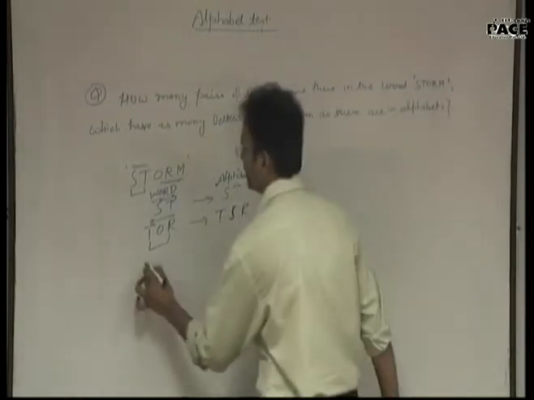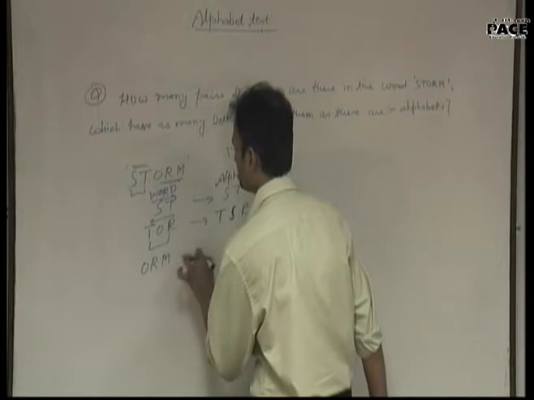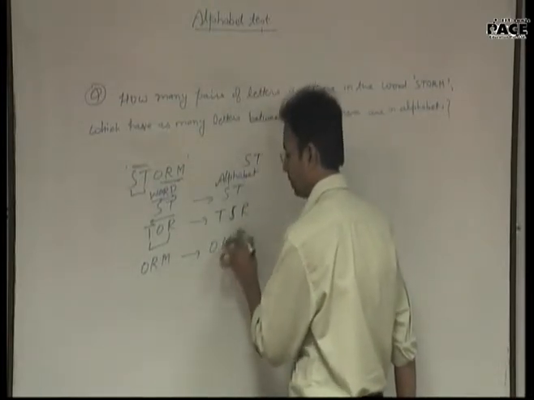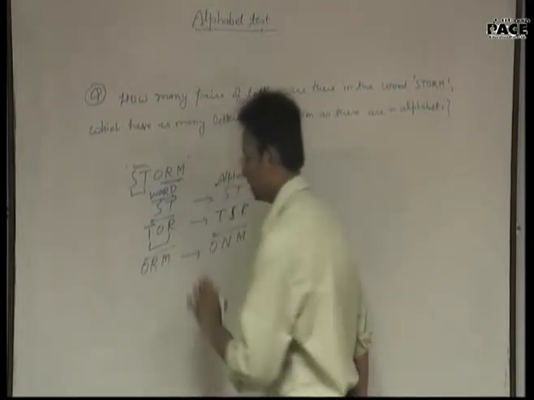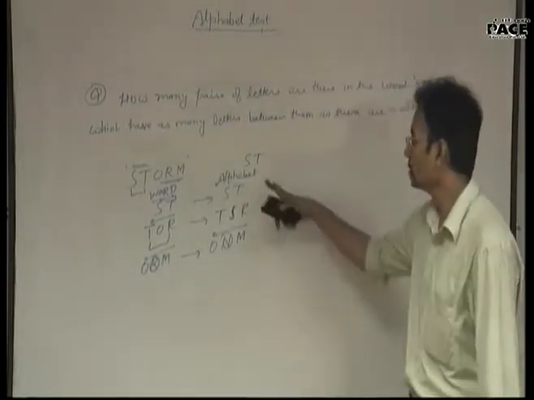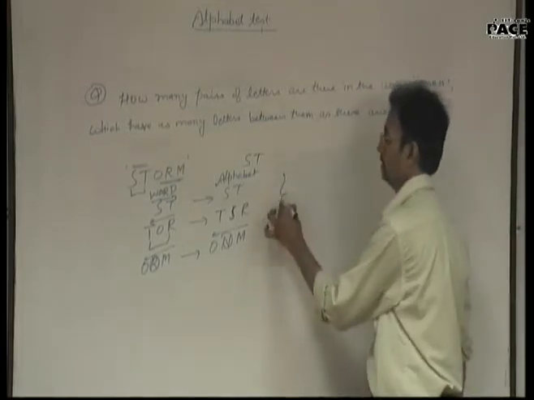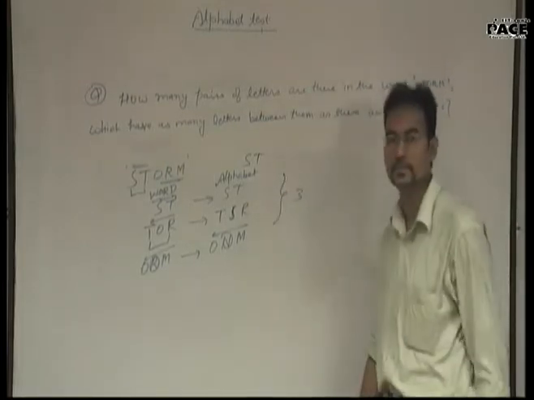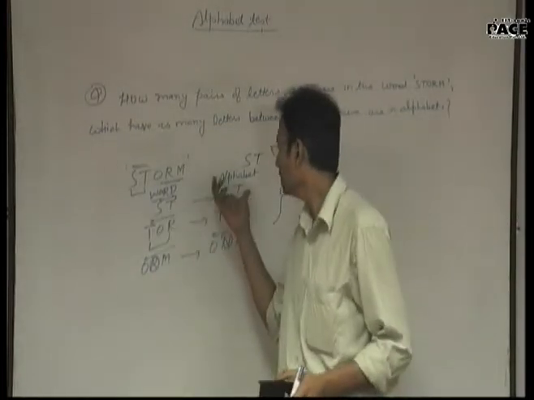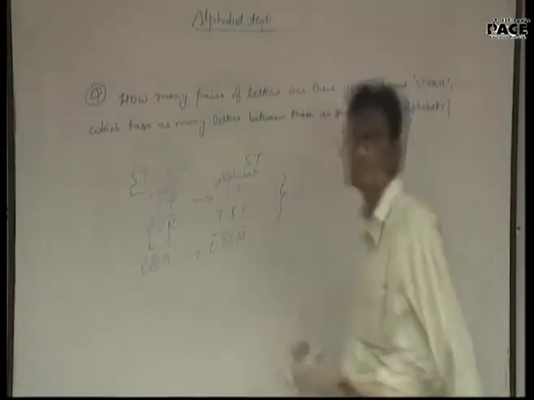And similarly, O, R, M, M and O in this order. So number of letters, 1. So 3 such pairs are there which have the same letters between them which we have in our alphabets.